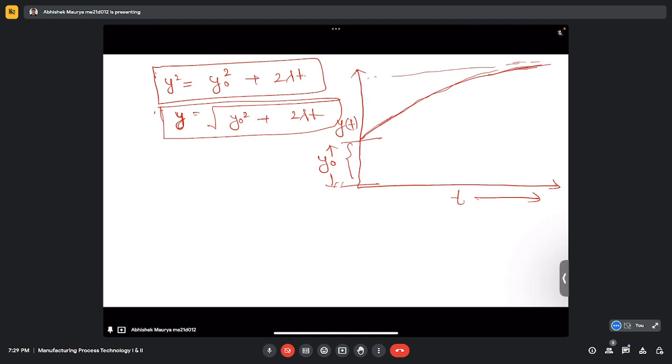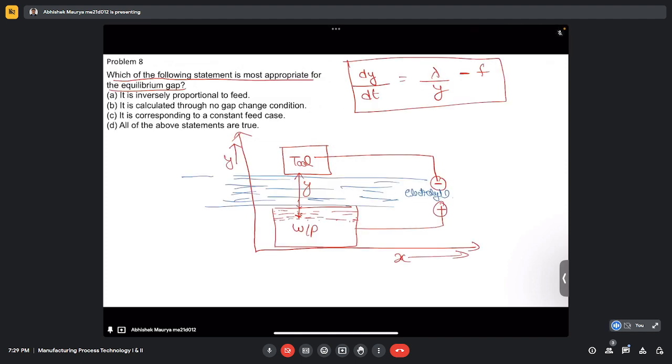Suppose after removing this much material, the strength of the electric field between the tool and the workpiece will not remain. The strength of the electric field will keep on decreasing since the voltage is constant.